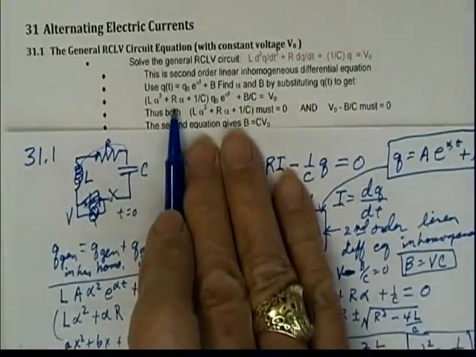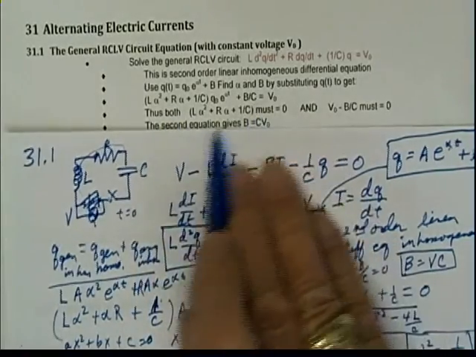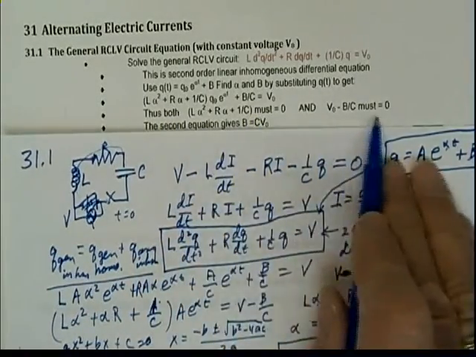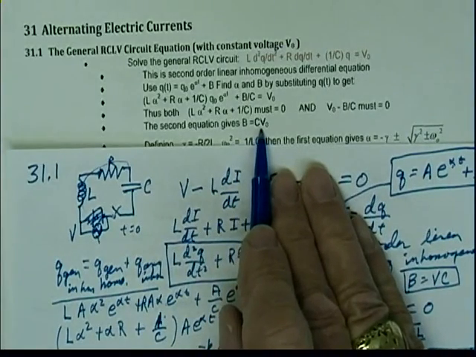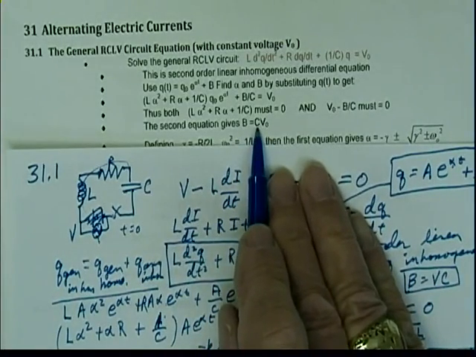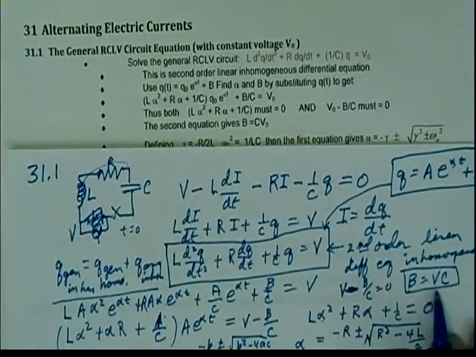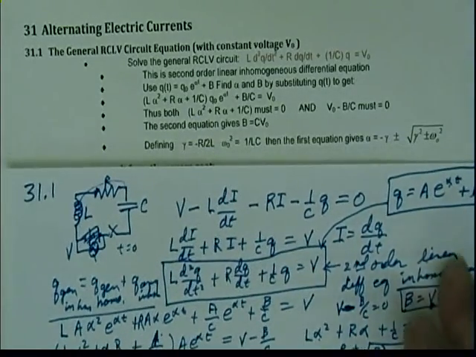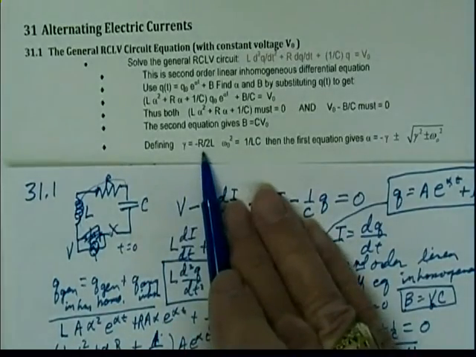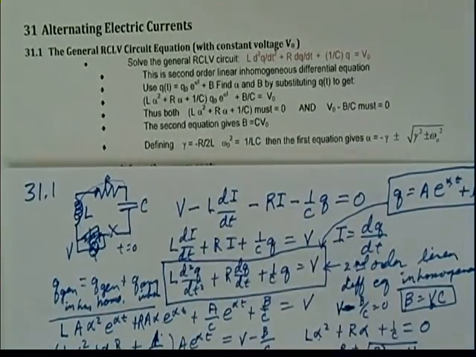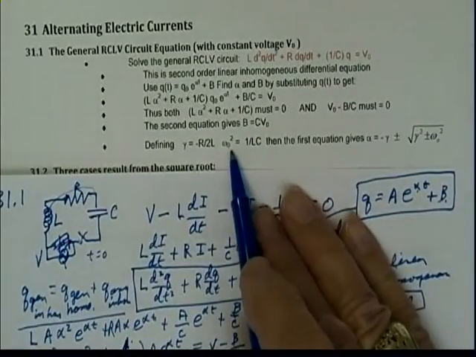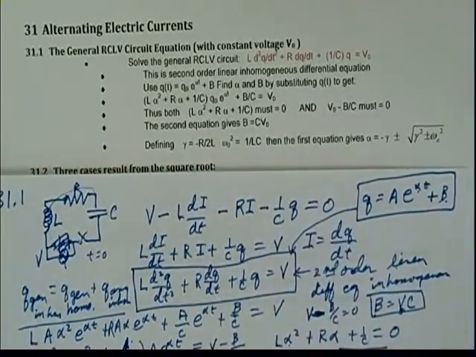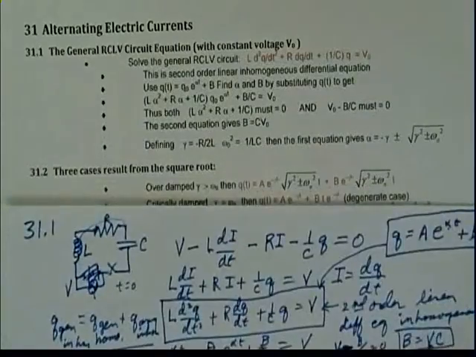Okay, so you can see I've taken the equation here, substituted this in, found that B must be equal to CV naught, C times V. Then we defined gamma as R over 2L, which we just did here. And we defined omega squared as 1 over LC, which we did right here.